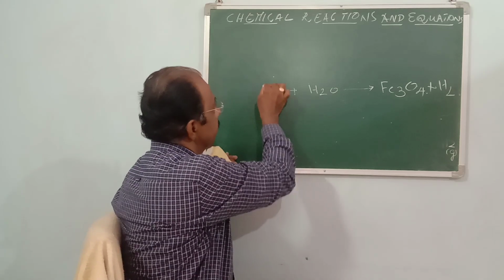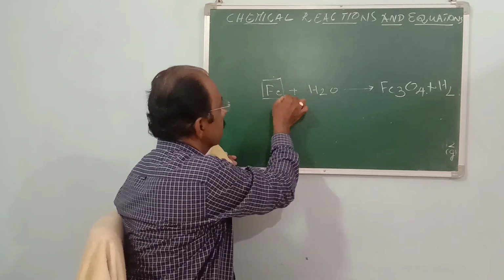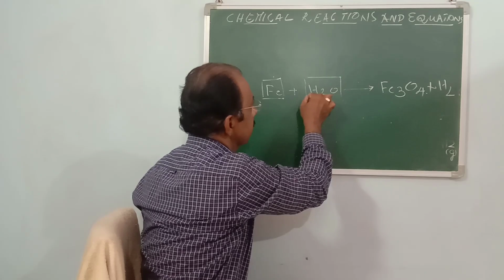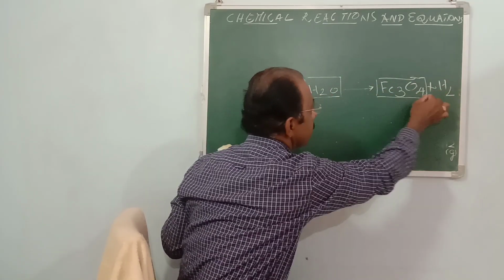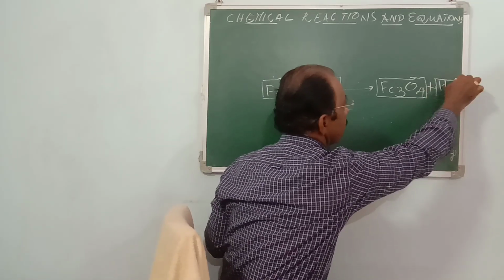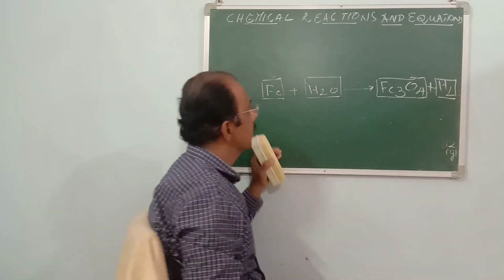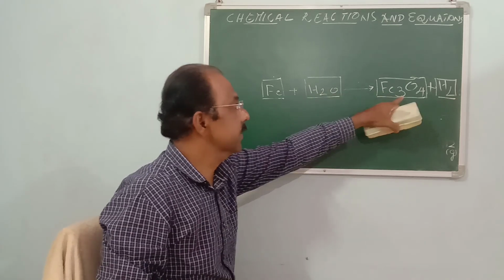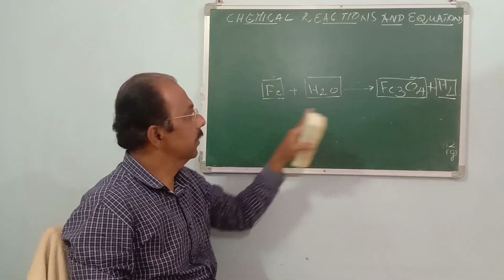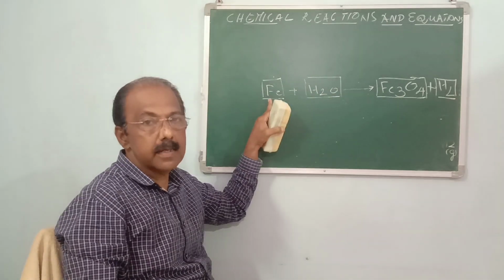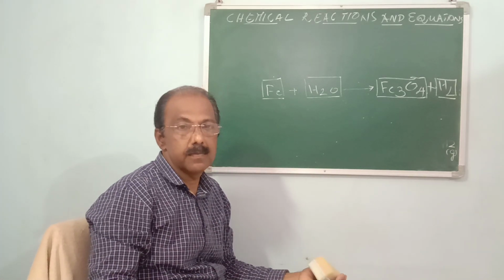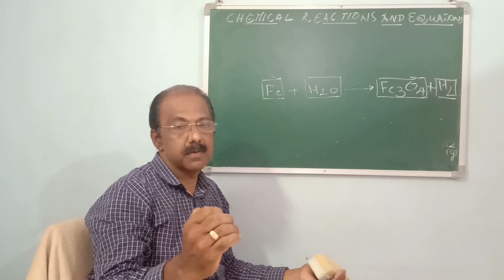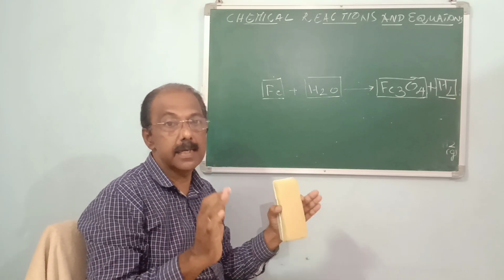The first step, we keep all the compounds in boxes. When we put boxes around these compounds, they are the chemical formulae, formed by chemical bonding in a specific ratio. We are not supposed to make any changes inside the box.